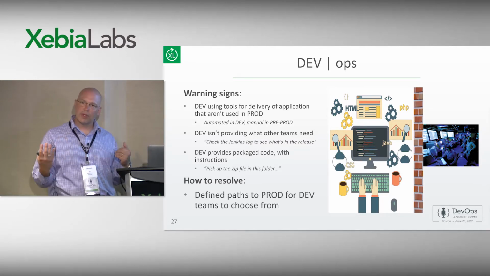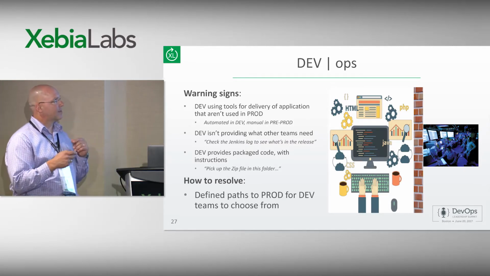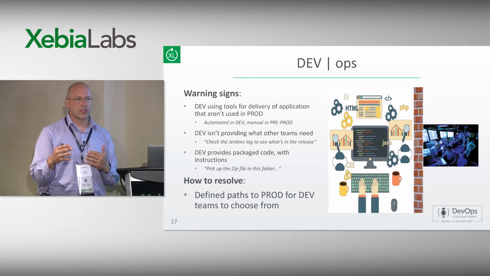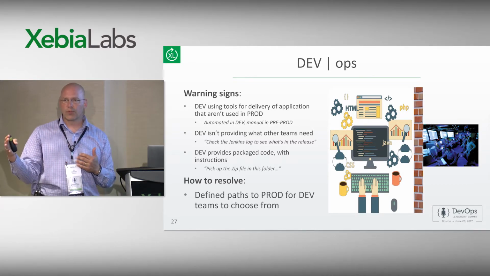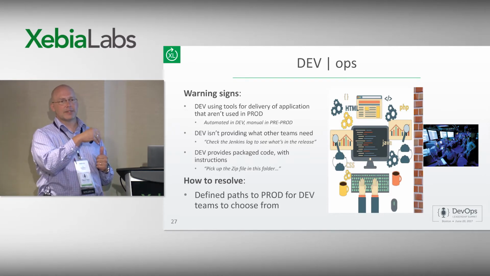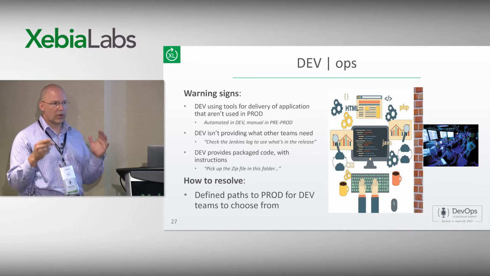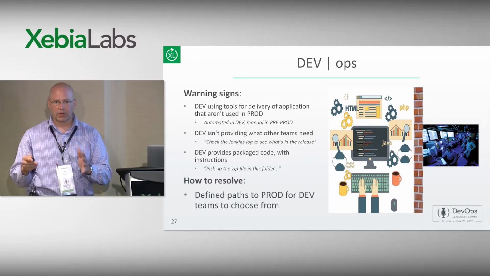How can we enable that, to get from strong dev to strong ops? Define your paths in such a way that you still meet all the rules for your organization. Those don't go away, but they can get their changes into production as easily as possible. And I know that's relative per your company, per your vertical, etc.